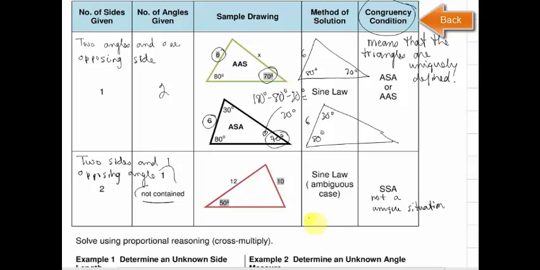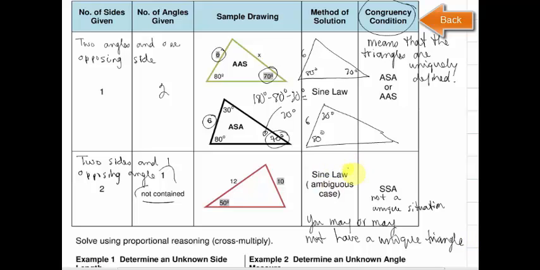Okay, so in this situation you may or may not have a unique triangle. Okay, so what does that mean?